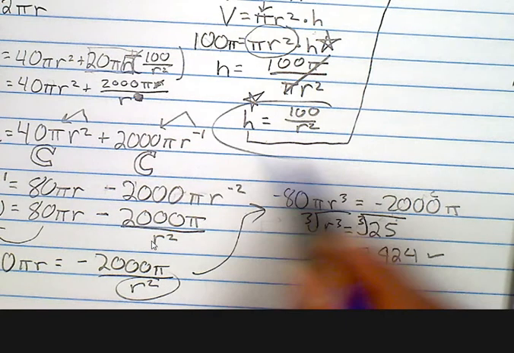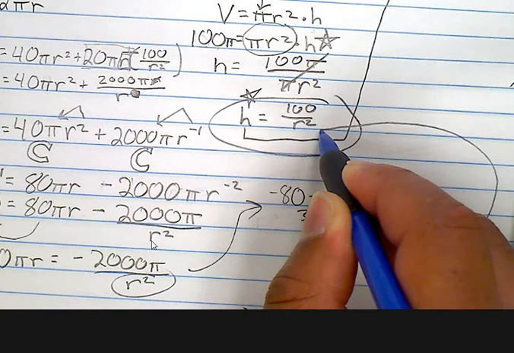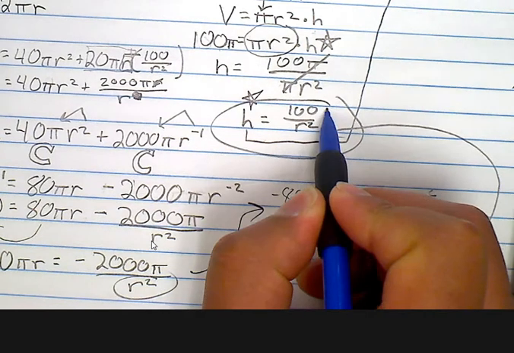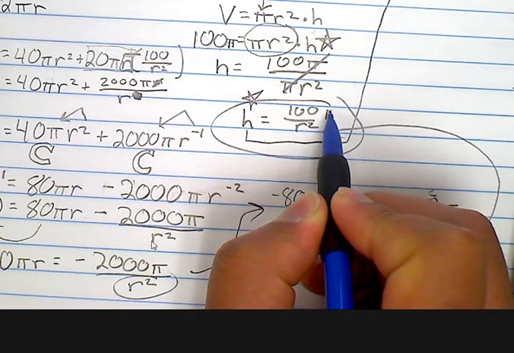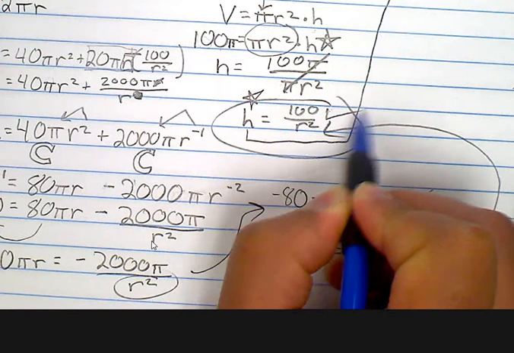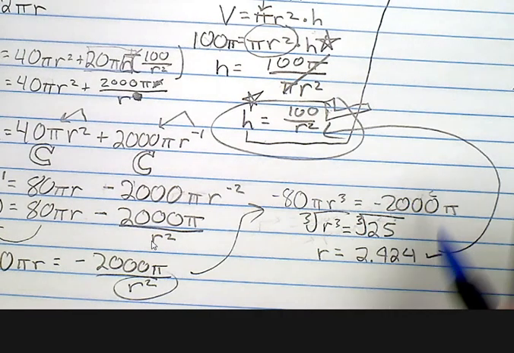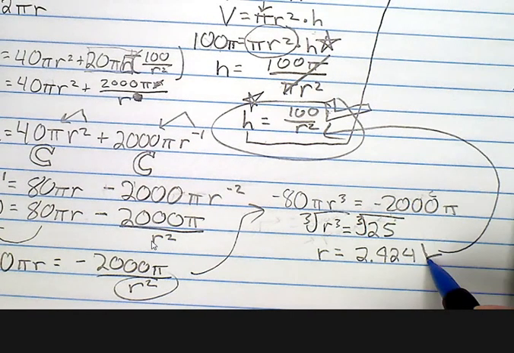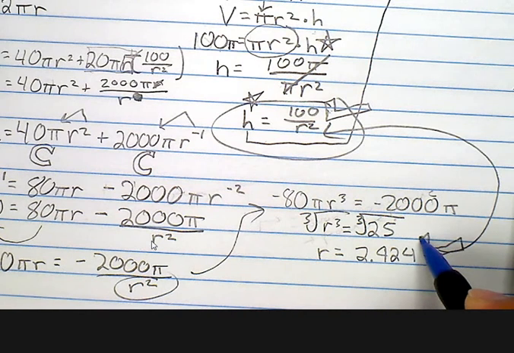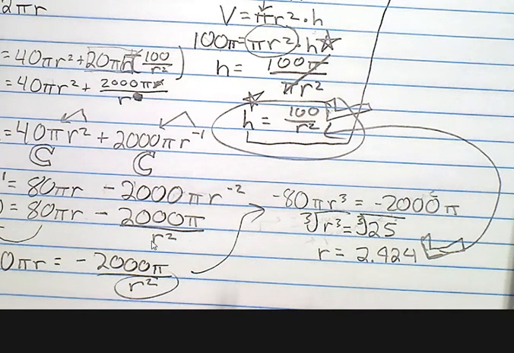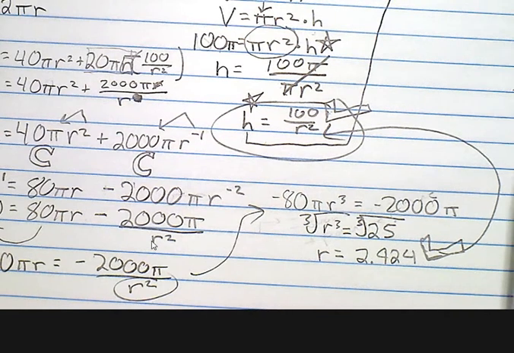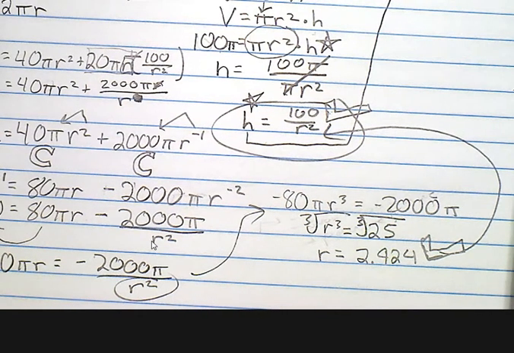But if you just plug that into there, hold on. Let's do a big check for my substitution. Anytime I do a substitution, I like to include some sort of insignia. So if I plug 2.924 in, I'll be wrong.